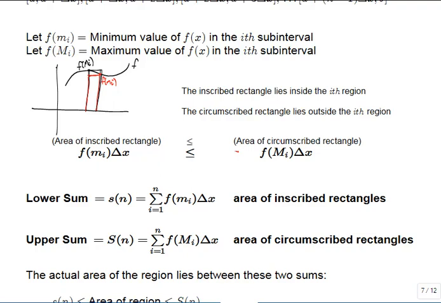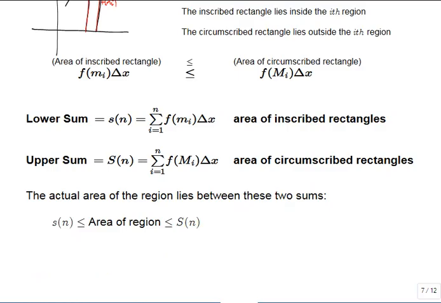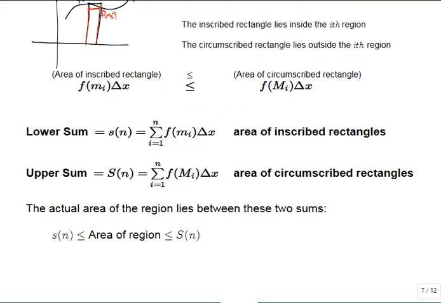And what we can see is that the true area must be somewhere in between, right? The actual area of the region has to lie between these two sums. So the area underneath the curve is maybe bigger than the lower sum but smaller than the upper sum.